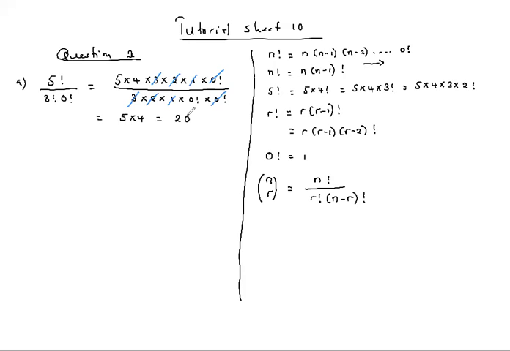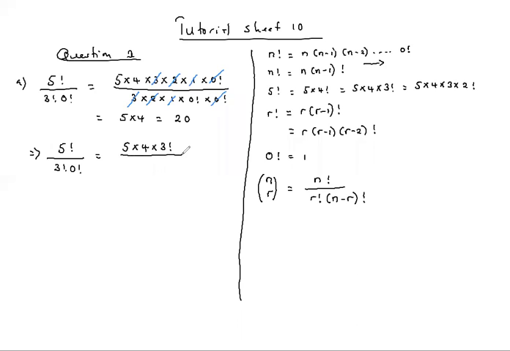Now, because 3, 2, 1 cancelled with 3, 2, 1, then it was possible to write this number in the form 5 by 4 by 3 factorial.